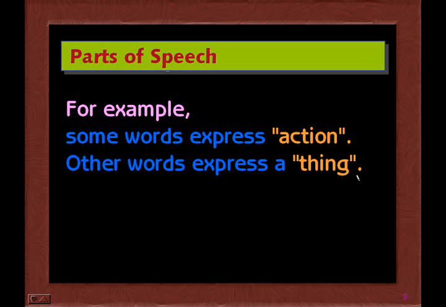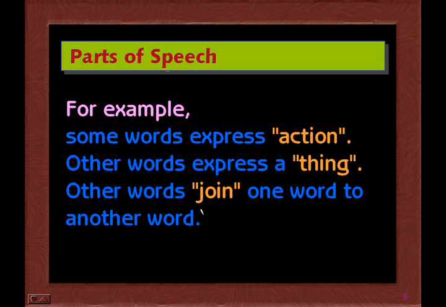What object is it? What kind of thing? Other words join one word to another word. One part of the sentence and another part of the sentence join together. Or there are two words, and we want to join them to make them meaningful. So we need words to get them joined. This is called the join word.